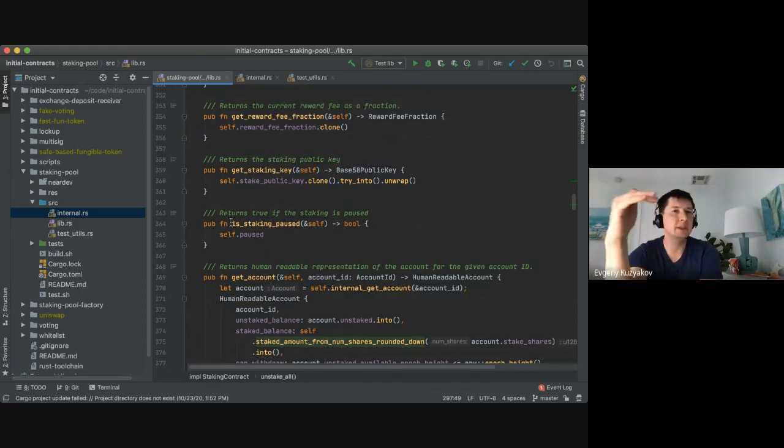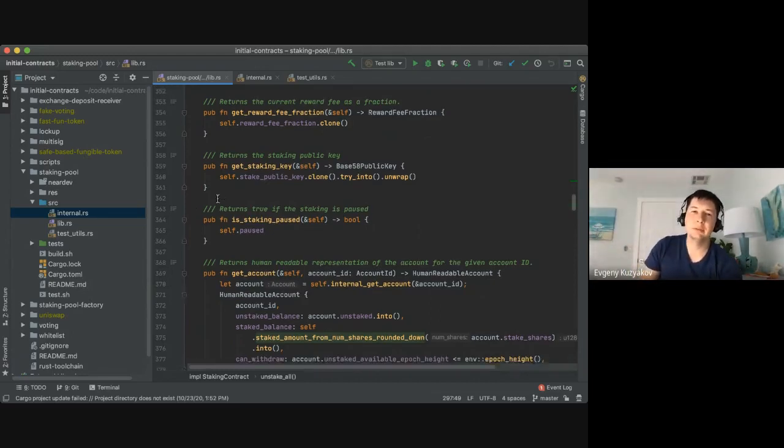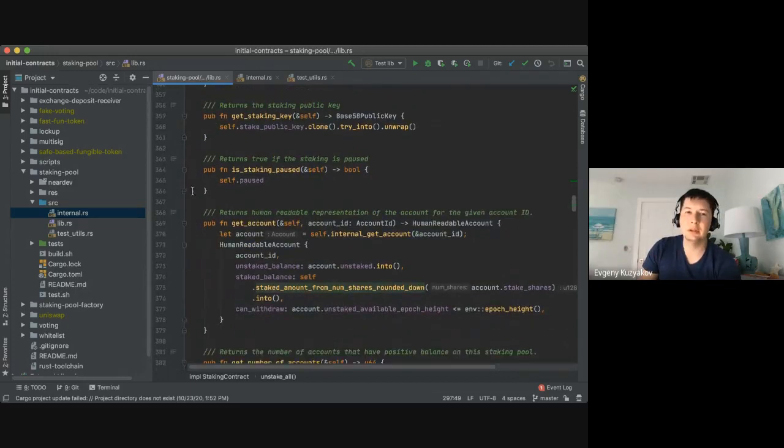So they can pause the staking pool, which will send a stake transaction to the NEAR protocol, and then will not restake until they resume the staking pool. But you can still withdraw your balances, but you will stop acquiring rewards after it's paused.